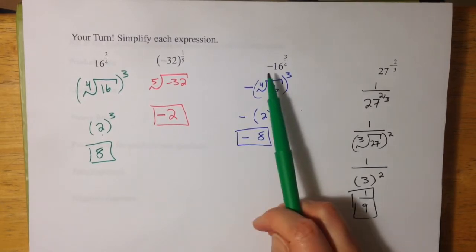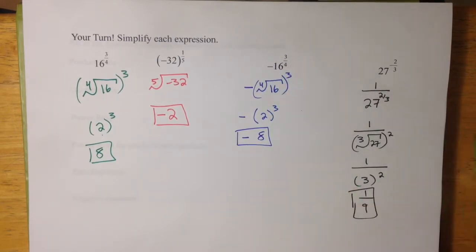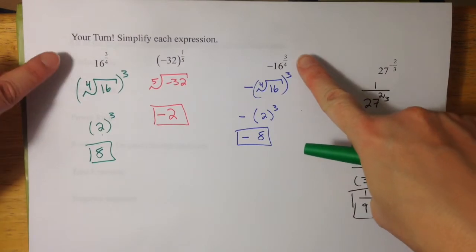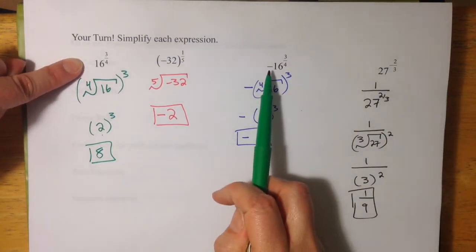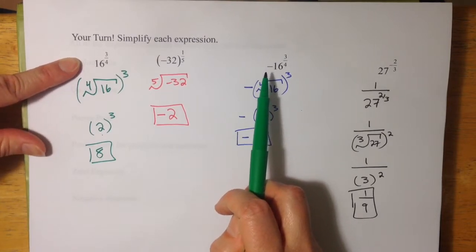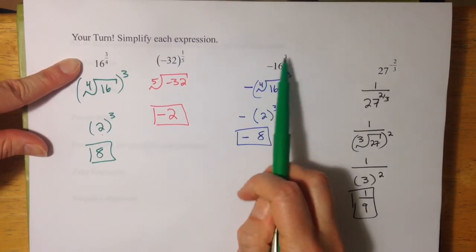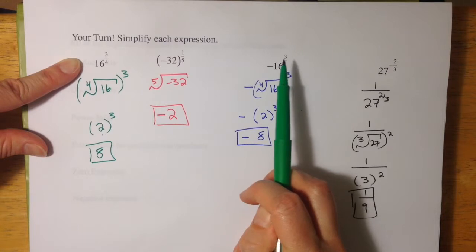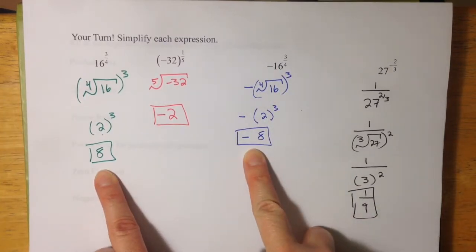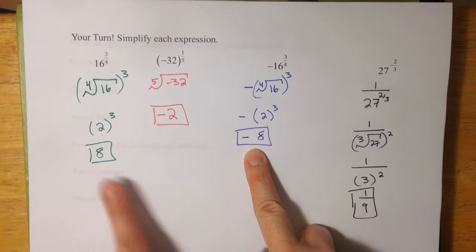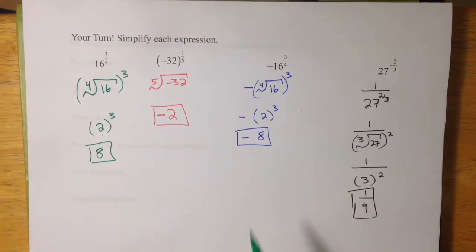Next up is negative 16 to the 3/4. Now this looks an awful lot like 16 to the 3/4, except that there's a negative out front. So really, all that means is that I'm going to get the same answer as 16 to the 3/4 and then make it negative. So it's no surprise that the answer that I end up with is negative 8. We'll go ahead and walk through the steps anyways.